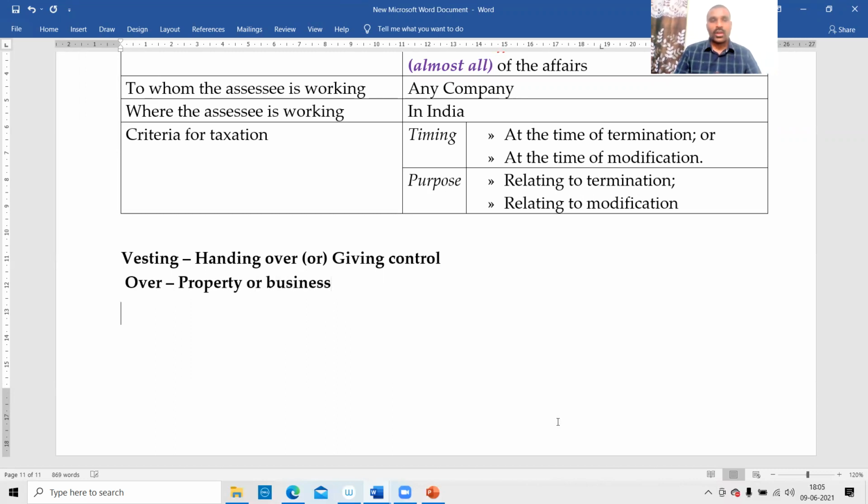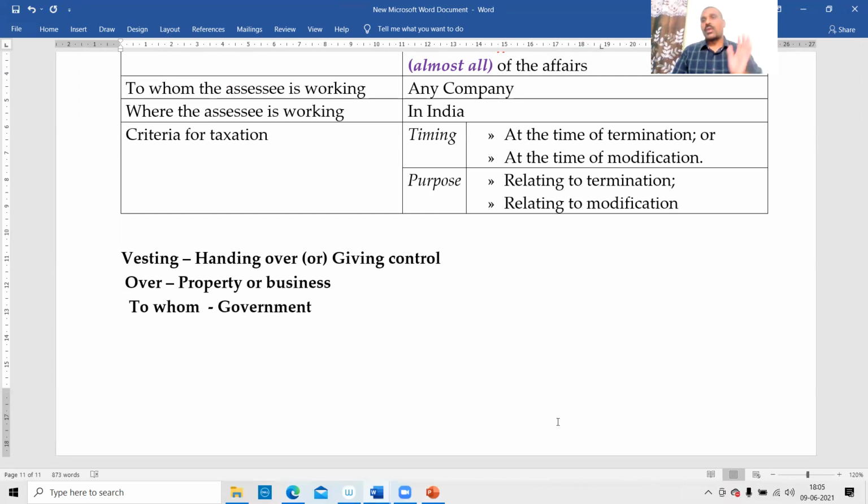Handing over control. By whom? Any person. To whom are we giving? To the government. Okay, so I am giving control over my property to the government. Maybe compulsory acquisition. I am managing this property. Now I am giving control over the property to the government.